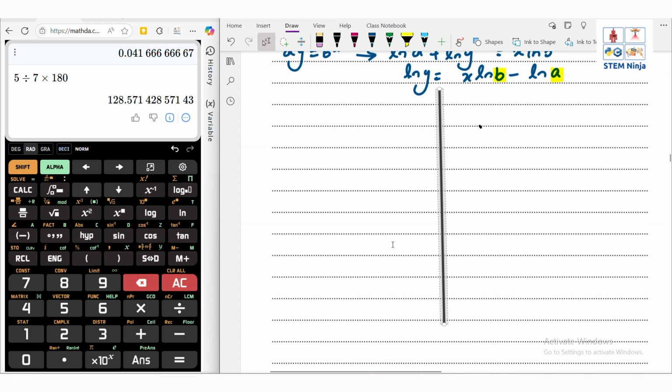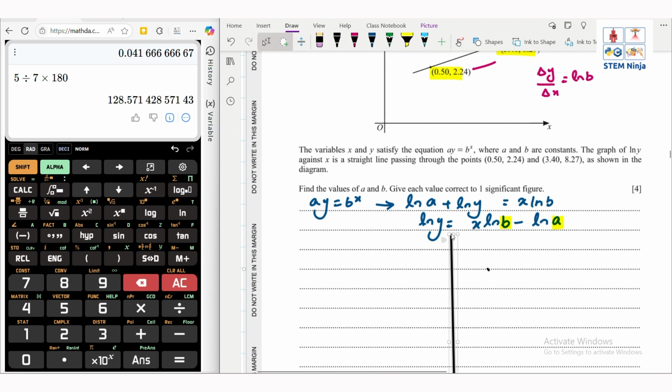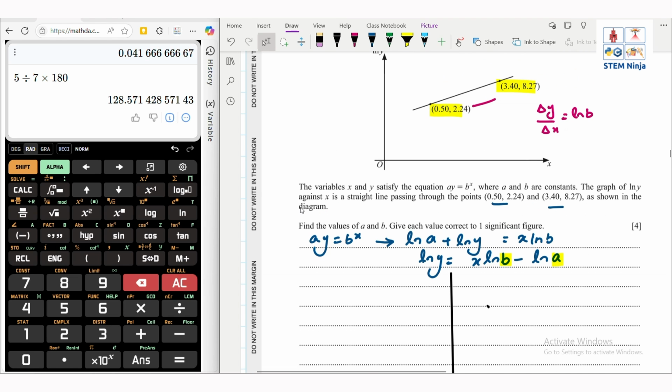Okay, so let's see first the point method by first making two simultaneous equations. We have ln y value is 8.27 equals to 3.4 ln b minus ln a.